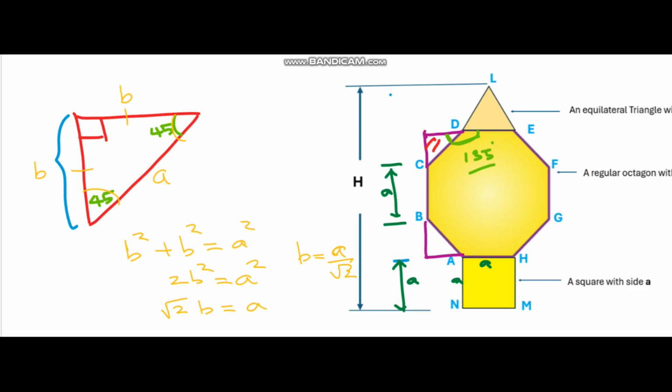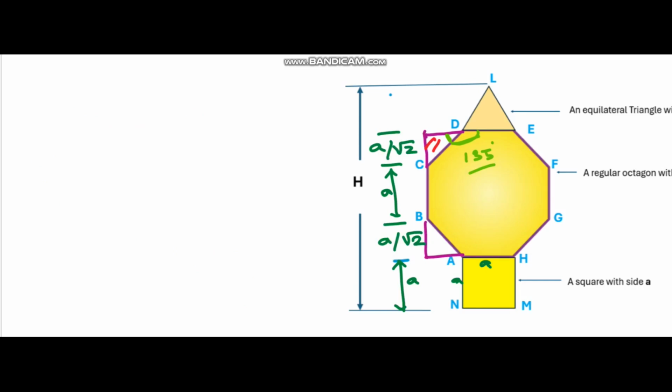Okay, so b is a over root 2. So we just worked out that this is a over root 2, and therefore this is also a over root 2. We will bring all these terms together at the end, but in the meantime, what is yet to be worked out is this height here.